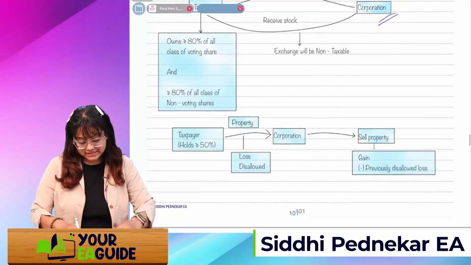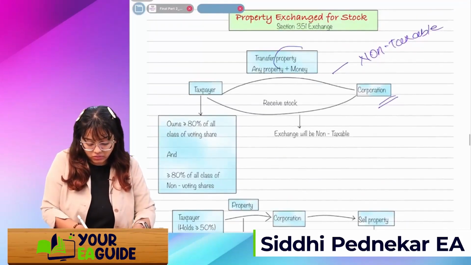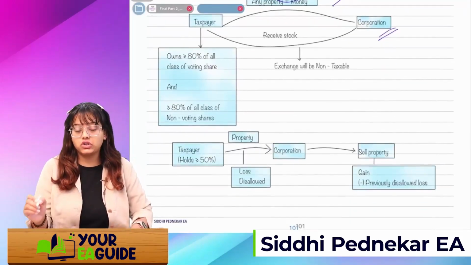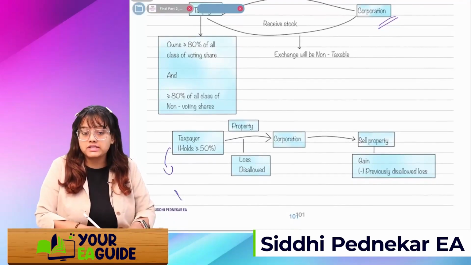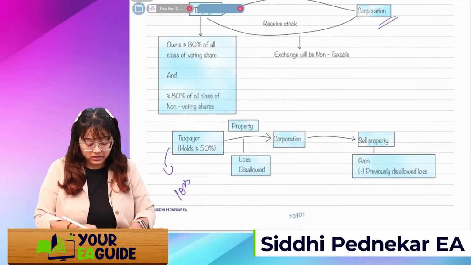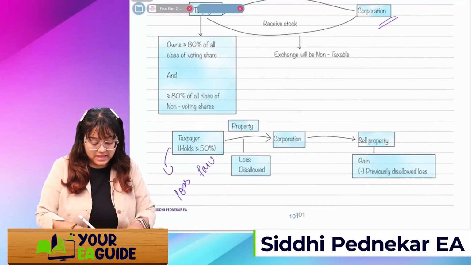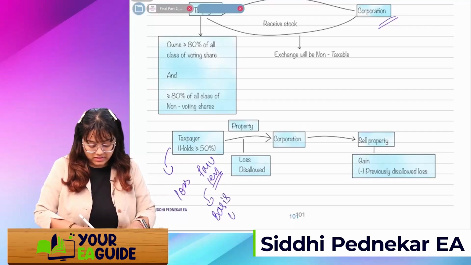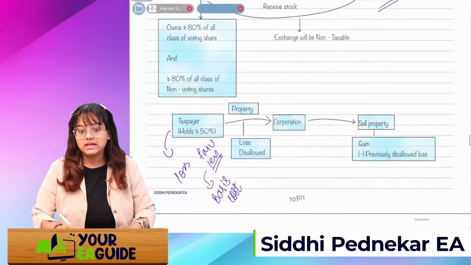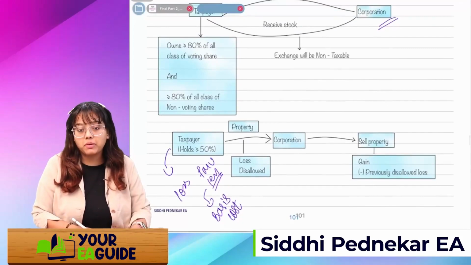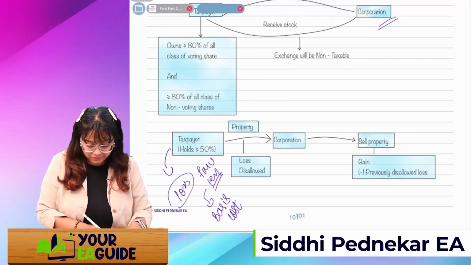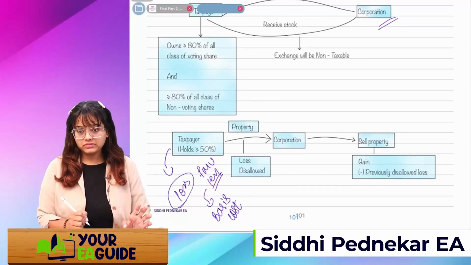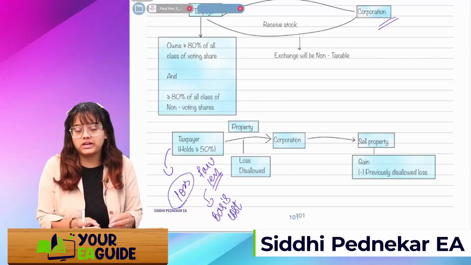If yes, then whatever property is getting transferred to the corporation, at that time the taxpayer might have incurred some loss. For example, FMV is less as compared to the cost basis. In that case, whatever property is transferred to the corporation, this loss will be disallowed. We saw that it's the case of related party transactions.